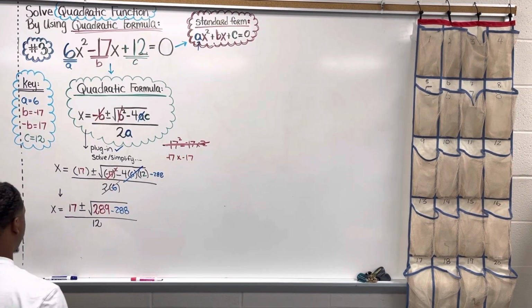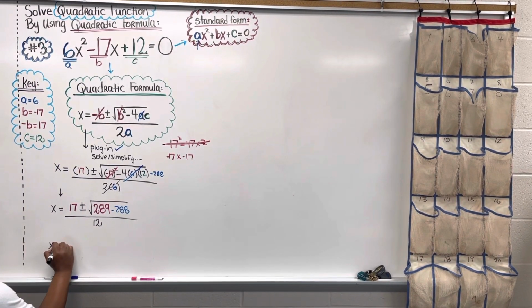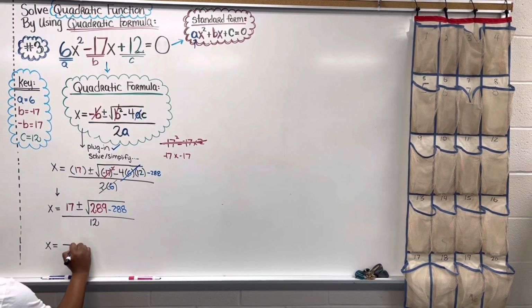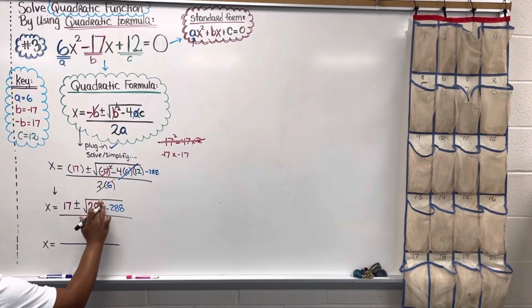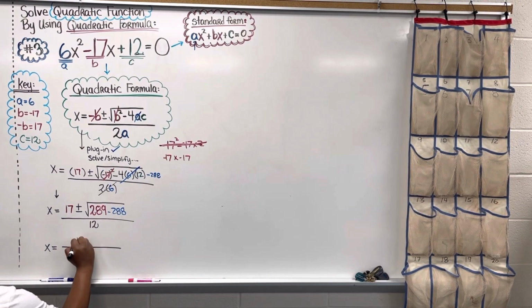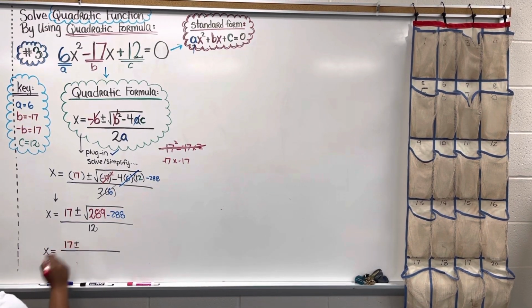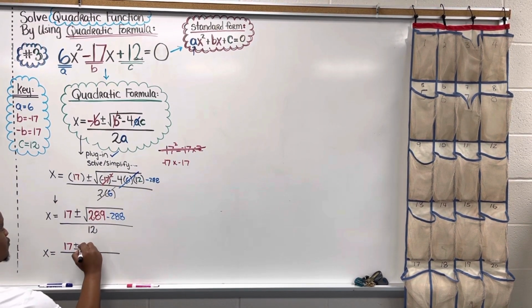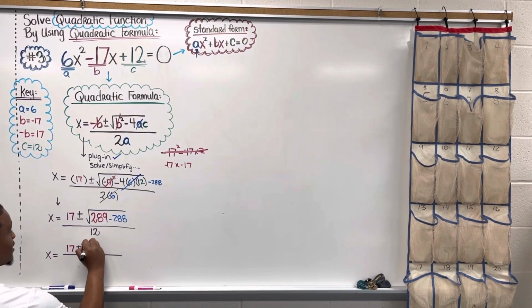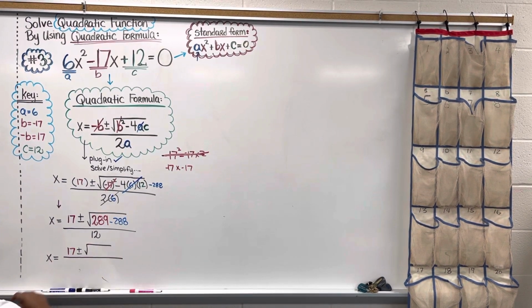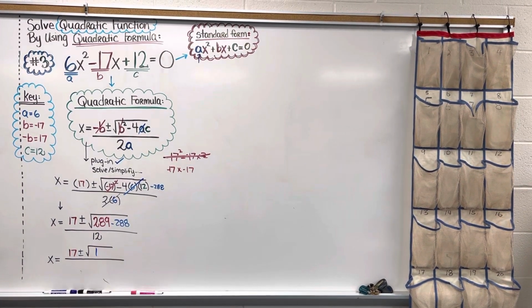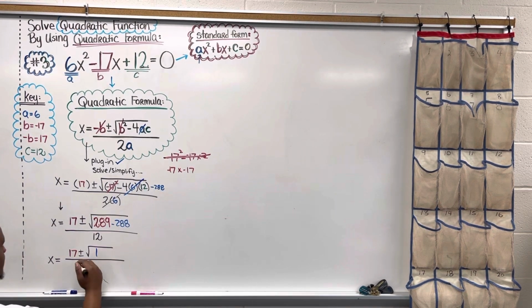Okay? We're almost done. So now let's keep simplifying. Once again, everything stays the same besides the stuff that's inside the square root. So once again, I got my plus and minus, so I got 17 plus or minus the square root of 289 minus 288, which simply equals 1, all divided by 12.